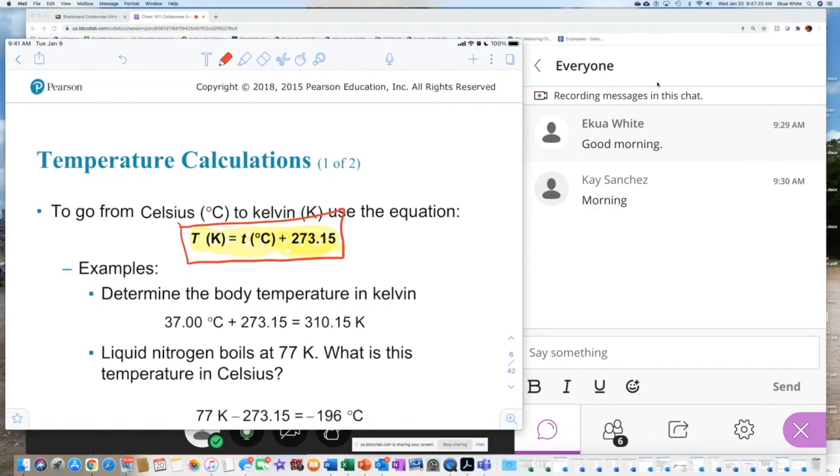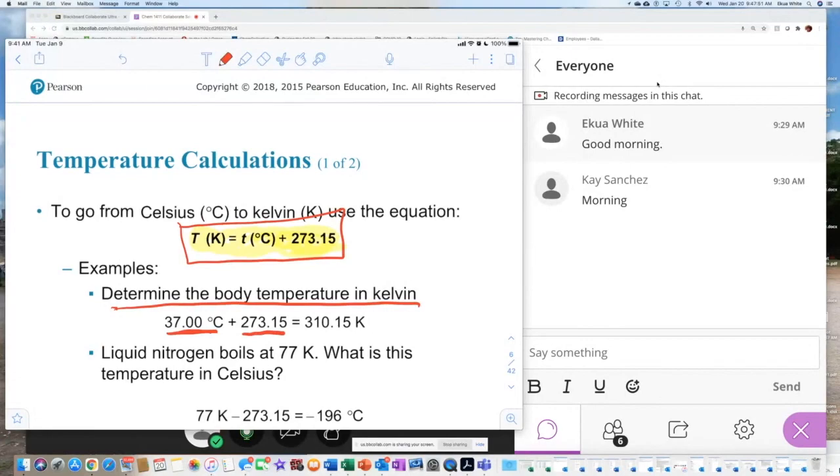So you're told here to determine the body's temperature in Kelvin. Once again, if you plan to be a healthcare provider, you will rarely figure out the temperature in Kelvin. You usually figure it out in Fahrenheit, but we're learning how to use the formula, so we have this example. The body temperature is 37 degrees Celsius, and we're asked to convert it to Kelvin. Take the value you're given and add 273.